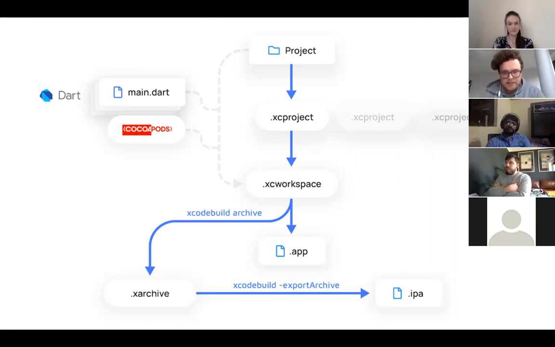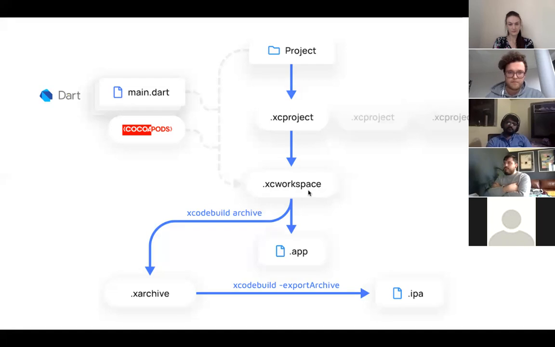The reason why iOS is a little bit special is because when Flutter creates your binaries, the IPA files, when you have your project, the Flutter build commands will prepare your Xcode workspace.